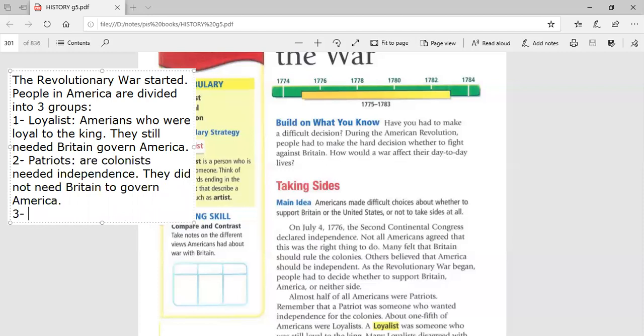What about the third group? The third group, guys, is called the neutral. Those neutral are also colonists and Americans, but they didn't take any sides. They didn't support the Loyalists, and they didn't support the Patriots.